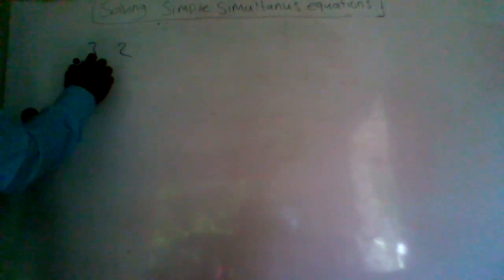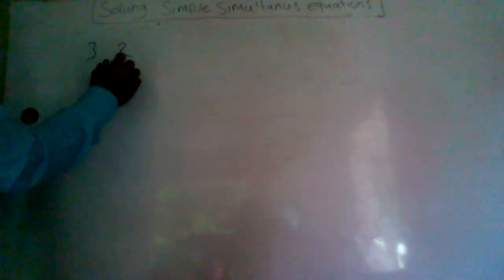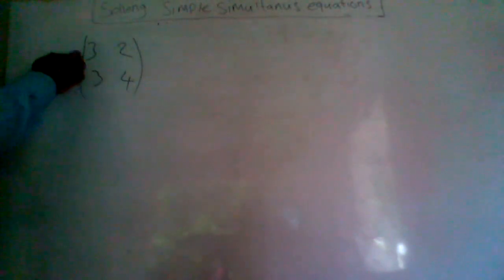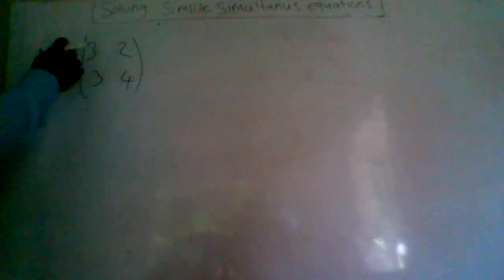So I'll be showing you this using numbers. So I will have a matrix like 3, 2, 3, 4. You want to find the determinant of this matrix. As I said, it will be leading diagonal minus non-leading diagonal.